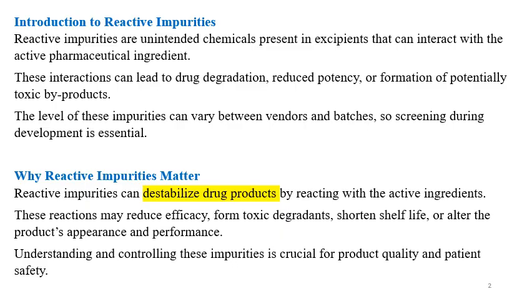These interactions may lead to degradation of the drug, reduced potency, formation of potentially toxic byproducts, and that's why the impurity in the product gets increased. The level of these impurities can vary between vendors and the excipient batches, so screening during the development becomes essential.